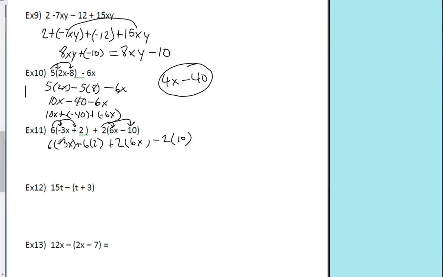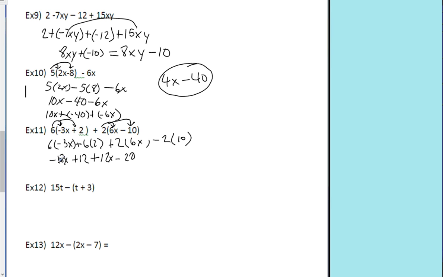All right, 6 times a negative 3x is negative 18x. 6 times 2 is 12. Plus 2 times 6x is 12x. Minus 2 times 10 is 20. So let's do the math here. Bring my x's together.